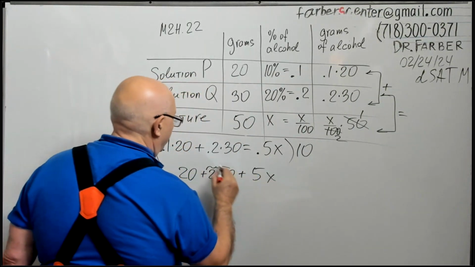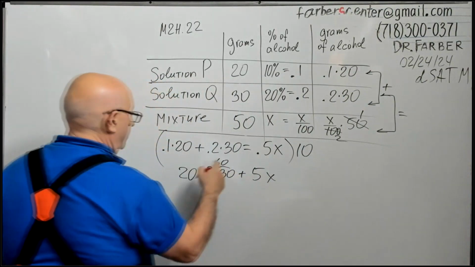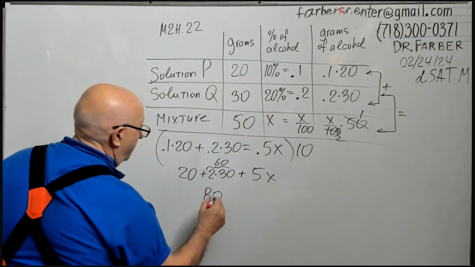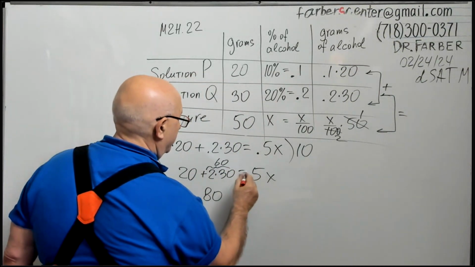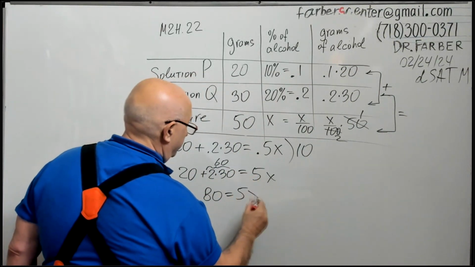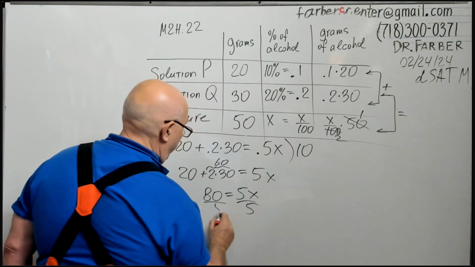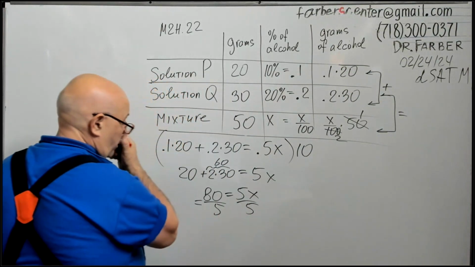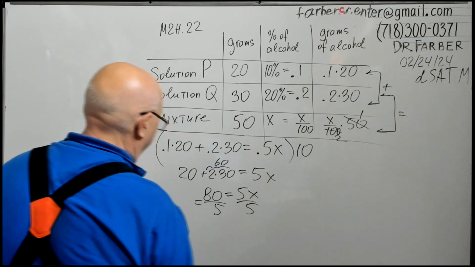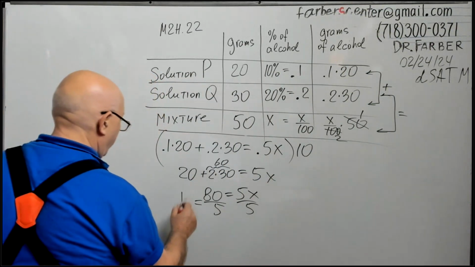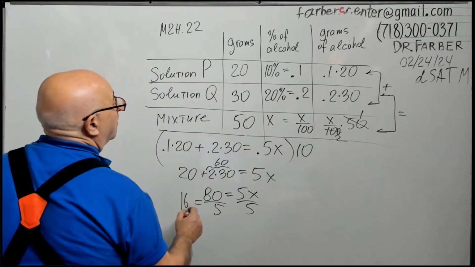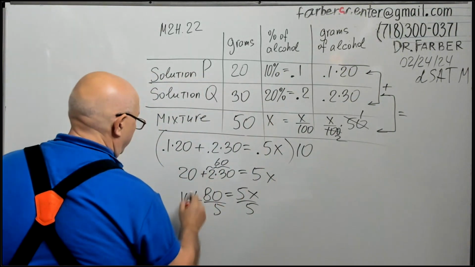This is 60. 20 plus 60 is 80. Equals 5x. Divide by 5, divide by 5. And this will be what? After division, you get 16%. Because x is here, 16%.